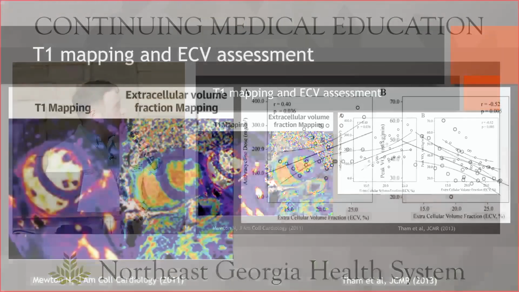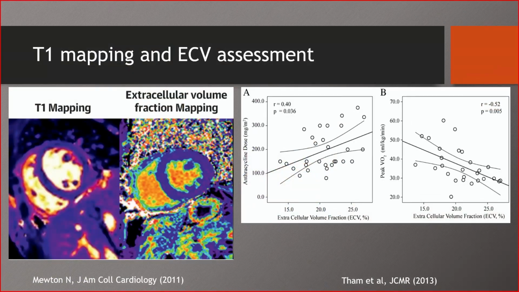So as you can see here, the higher the anthracycline dose utilized, the higher the ECV percentages. And then the higher the ECV percentages, the lower the patient's exercise capacity is. So overall, a great way of helping identify cardiotoxicity earlier in the disease process and initiate therapy.